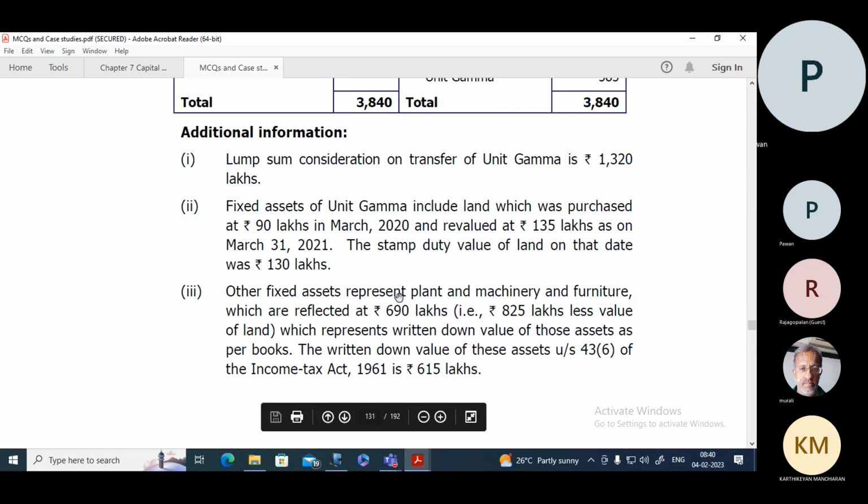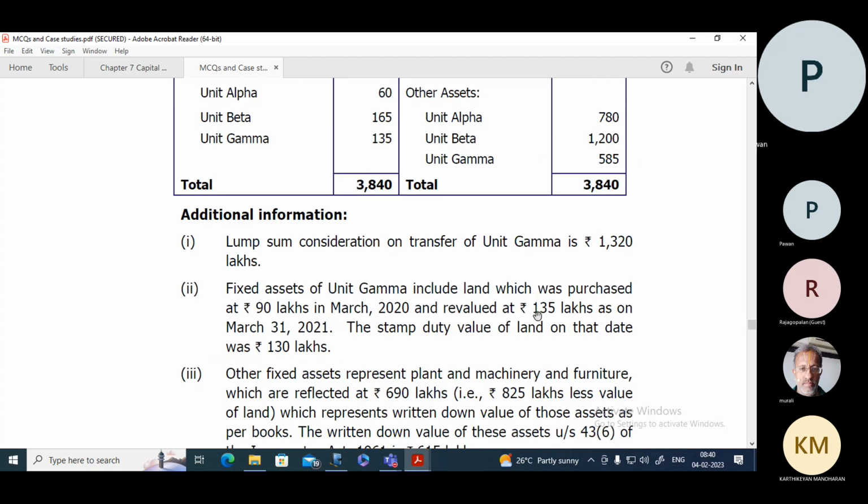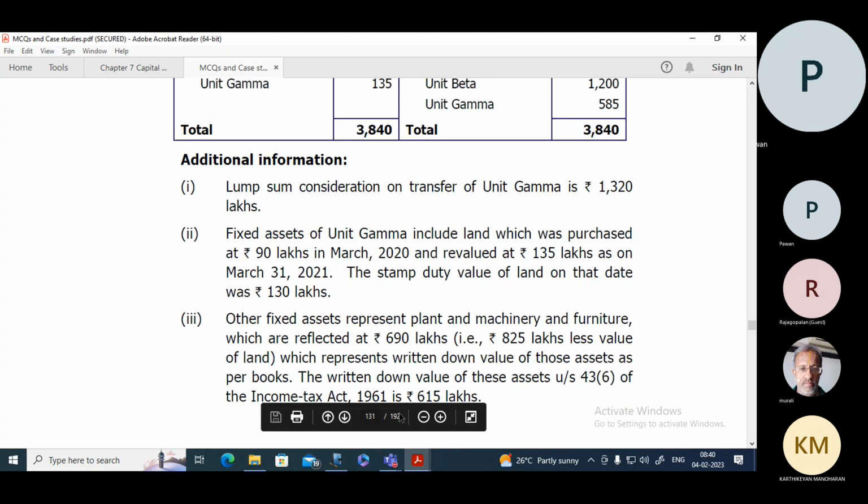Then other fixed assets represent plant and machinery which reflected 690. That is 825 minus value of the land. So 825 minus 135 is 690. Such a 690 under WDV as per Income Tax Act section 43(6) comes to 6.5.